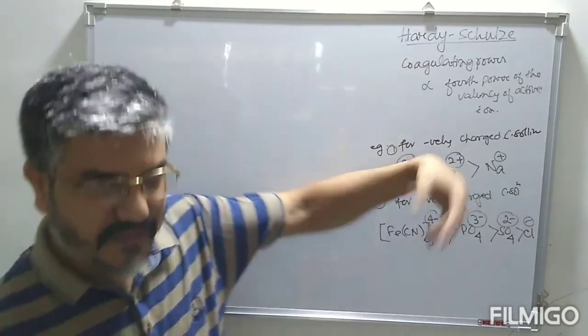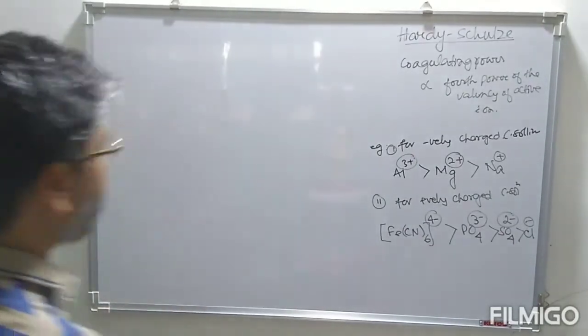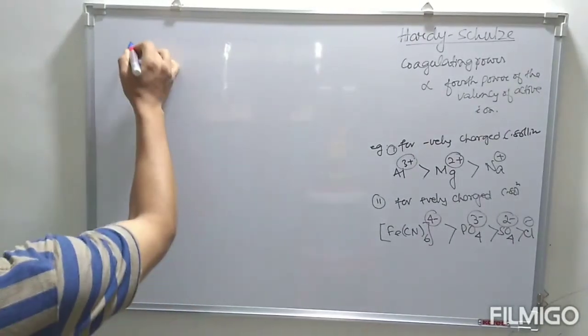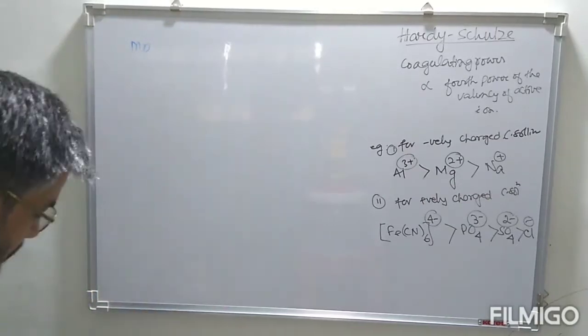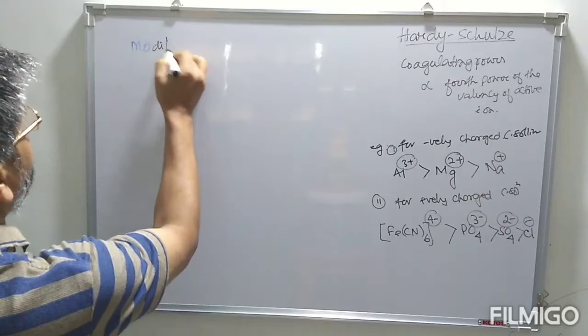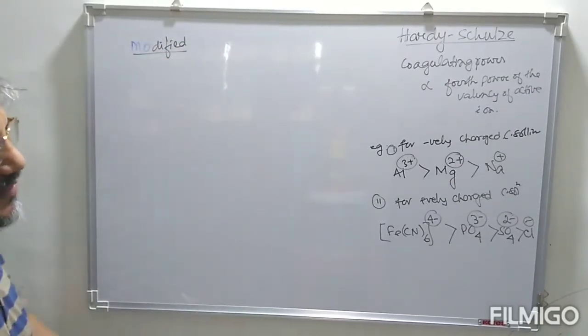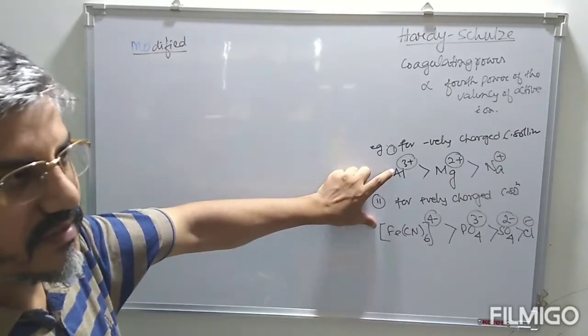So the polarization factor has to be included. So this can be modified. The modified Hardy-Schulze rule says we have to take into account the polarizing factor of the ion.